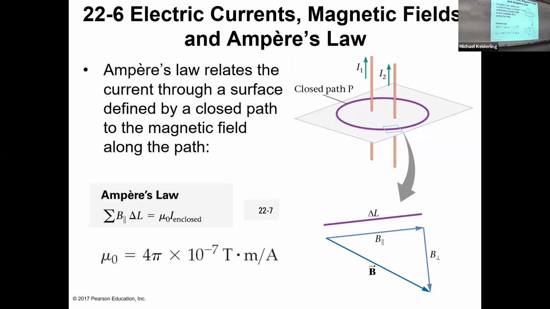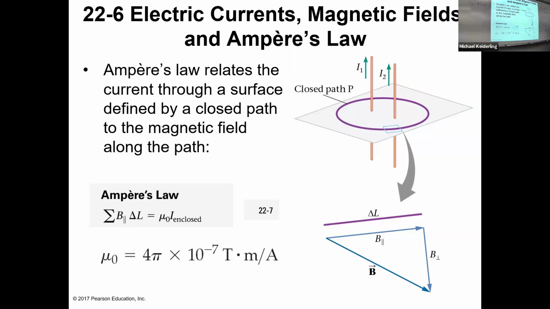That means for a wire with a current passing around it at a distance of r, B is mu naught over 2 pi times I over r.